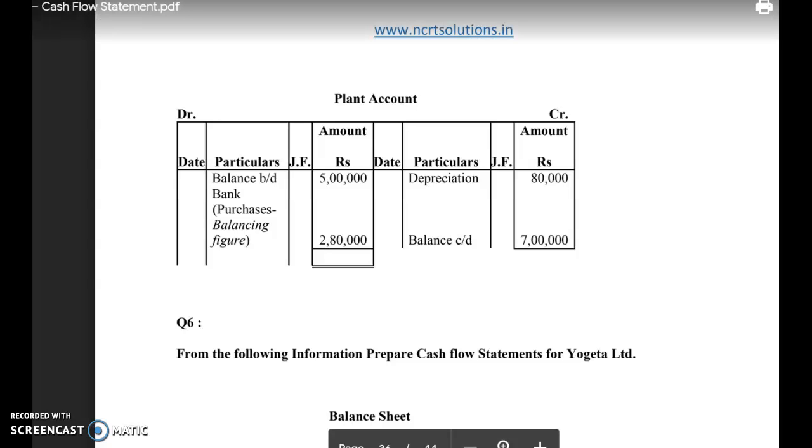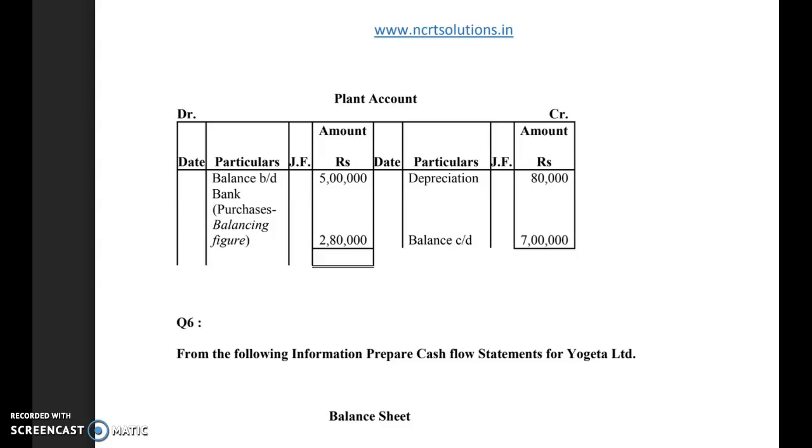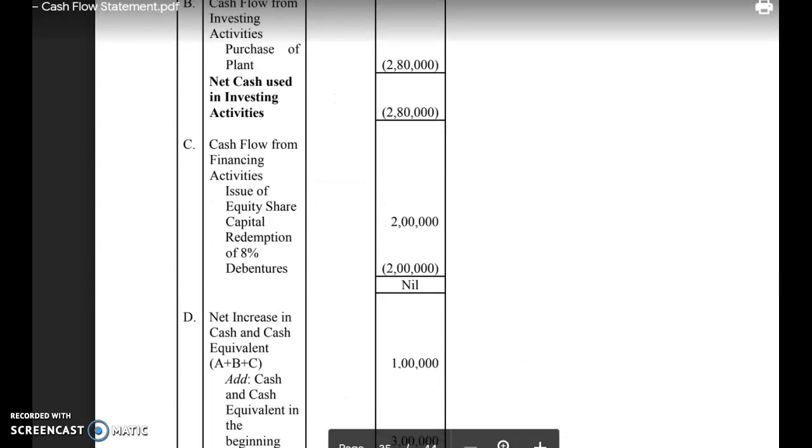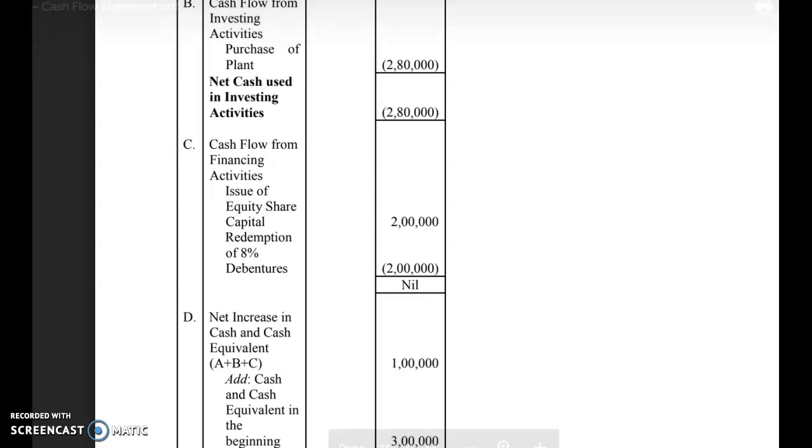The difference of rupees 2,80,000 is the amount of purchase of the plant during the year. As purchase of the plant is the outflow, we will show here as a minus item. So net cash used in the investing activity is minus 2,80,000.